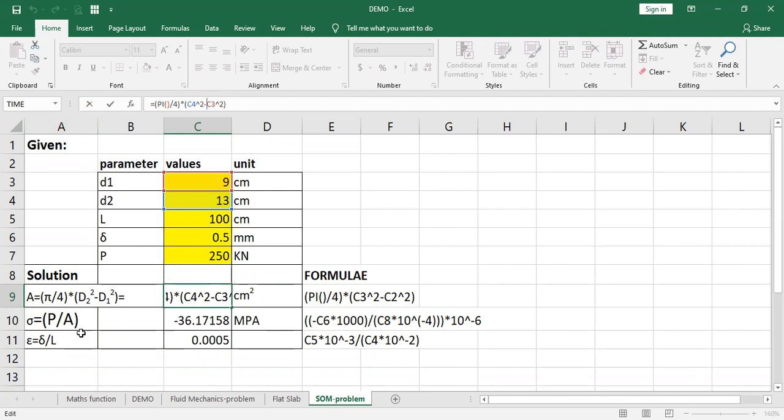Once you have entered it, make sure this pi by 4 is in one bracket, and this D2 square minus D1 square is in another bracket.